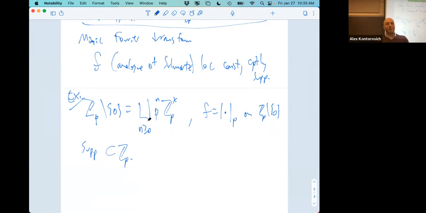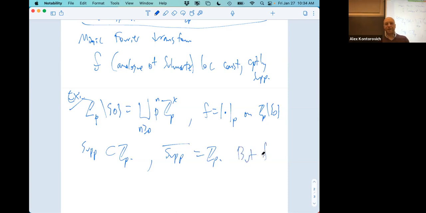For the closure of this thing, the limits of this, the only point that's missing from the limit is 0, since it is a limit of things with zeros as the initial digits. The closure of the support is Zp, which is compact, but f is not a finite union of indicator functions.